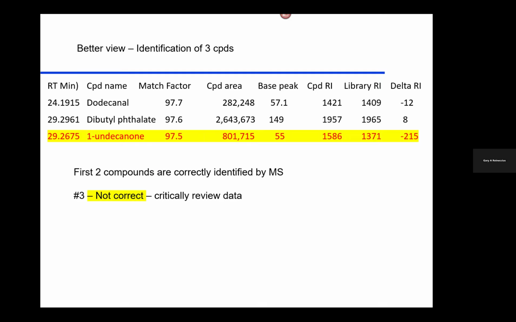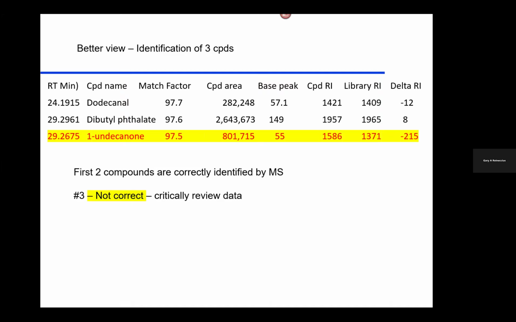So this is a different example, but it's going in the same direction. In this case, we're looking at the 3 compounds and 1 below it. If we go through the data, the match factor, they're all good.